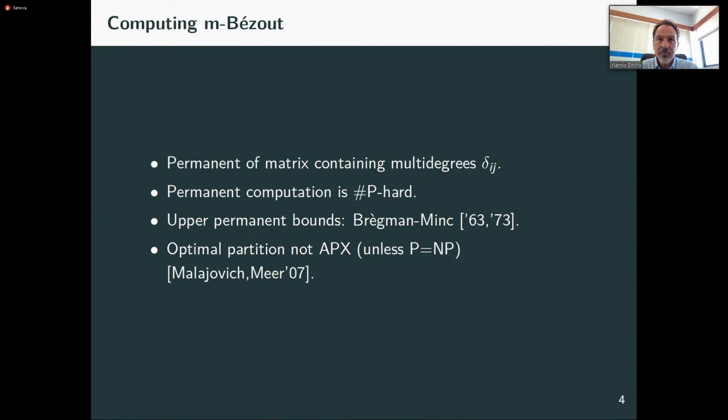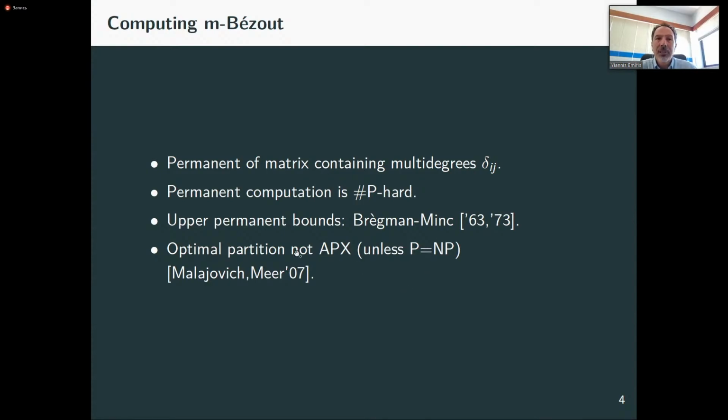Now, another question that comes up is, when I give you a polynomial system, what kind of multi-homogeneous structure are you going to impose? What is the partition of variables that is best? Optimizing the partition of variables is another hard problem, and it was proven that we cannot even approximate it optimally.